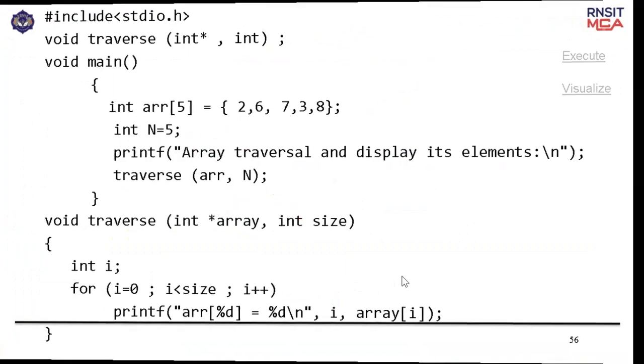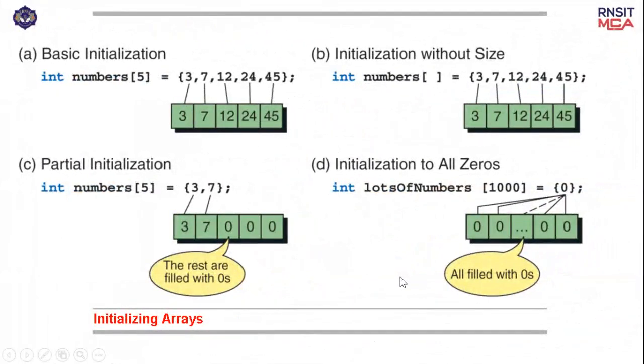And further, there are other techniques also. The basic initialization has the size and the elements of the array, so all the elements will get stored into this array. The second one is initializing without the size.